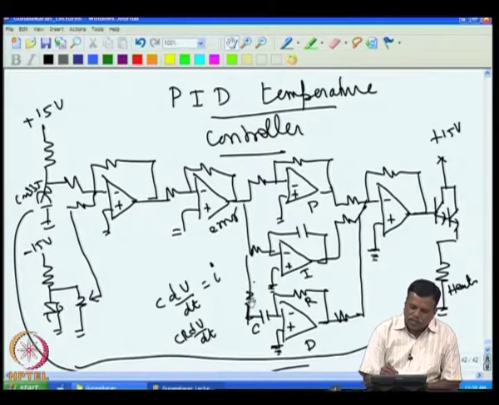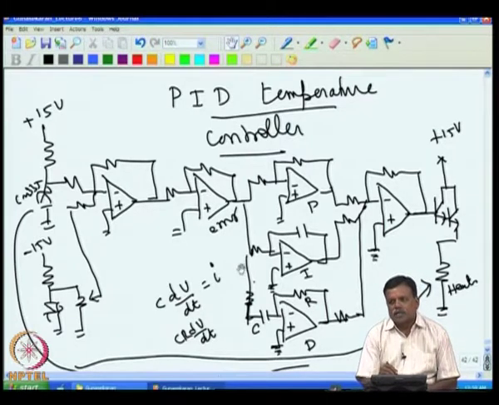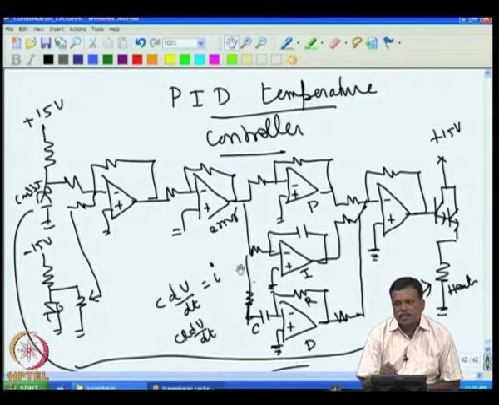So we can add a small resistance related to this R, such that we will not get too large a gain for very high frequency noise, because particularly in the temperature controller the change will be very small. Even in a normal system, whatever noise is there in the electronic system, that noise frequency will be much higher than the system error frequency.